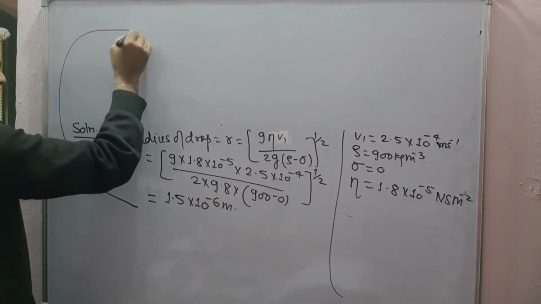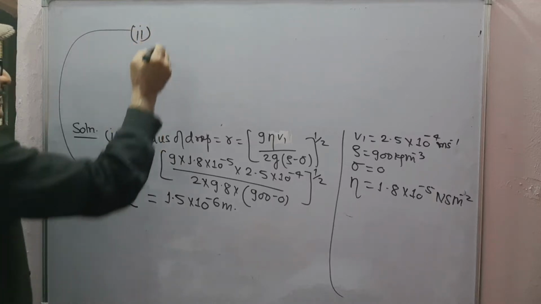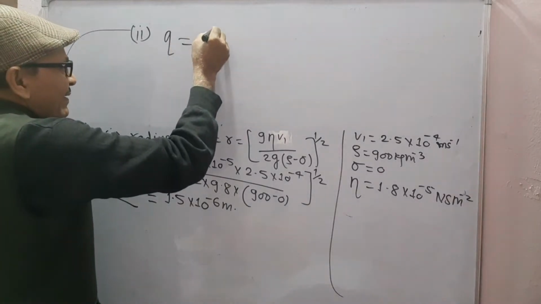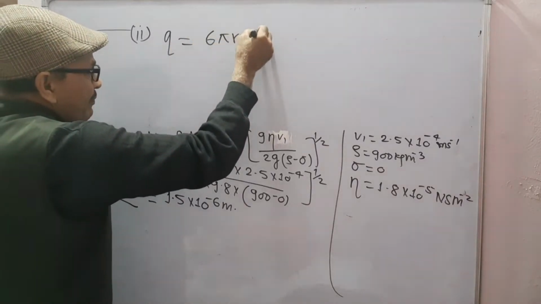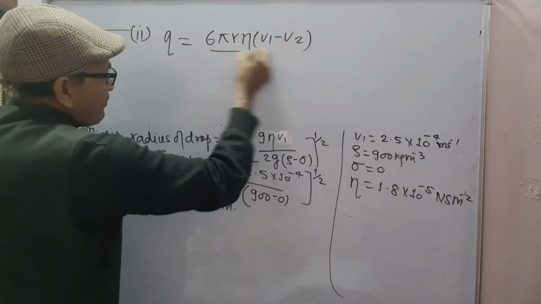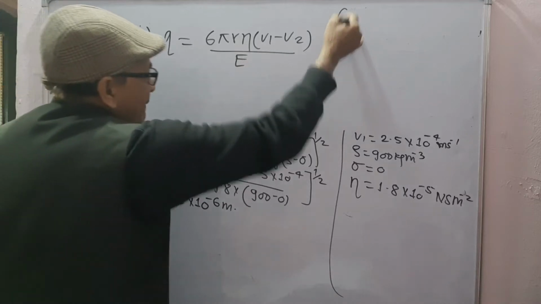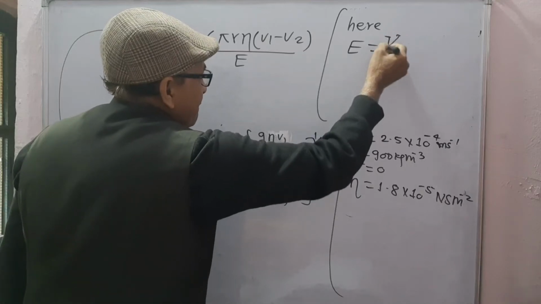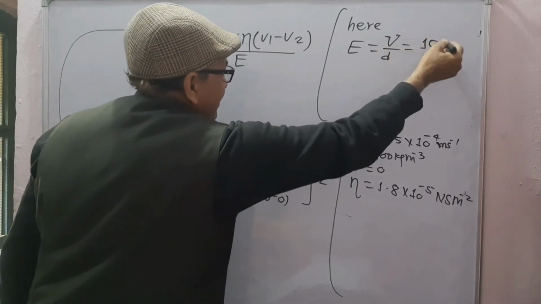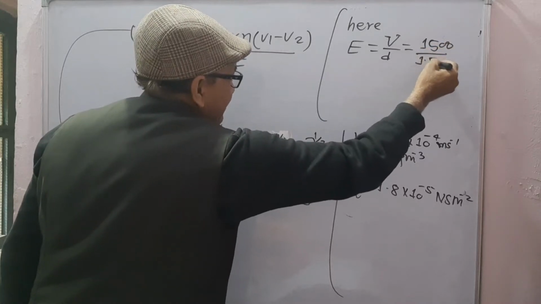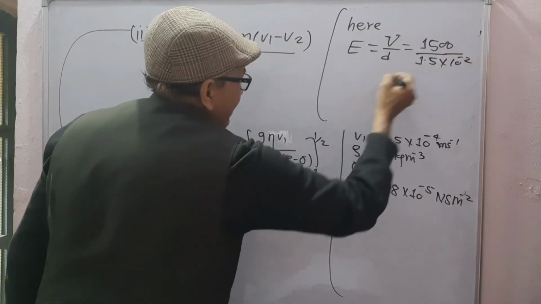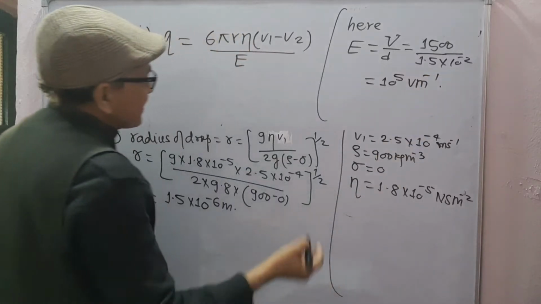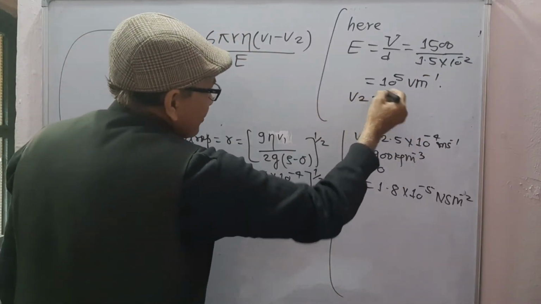Now in the second part, the charge q will be equal to 6 pi R eta (V1 - V2) / E. Here E is V by D, V is 1500 volt and D is 1.5 cm, meaning 1.5 x 10^-2 meter, and this gives 10^5 volt per meter electric field intensity. V2 is 0, stationary.